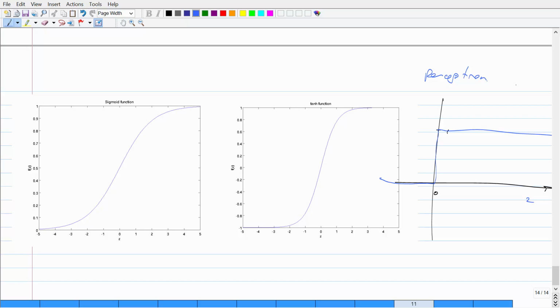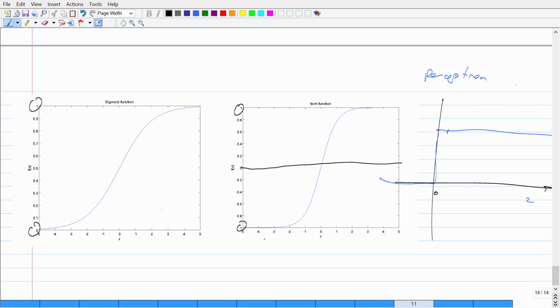If you take a look, the shape of the sigmoid and the hyperbolic tangent are pretty much the same. It's just the dynamic range that is different. For the sigmoid, the range of the vertical axis was between 0 and 1. But the hyperbolic tangent is basically a scaled version of the sigmoid, and you can see that the range is between -1 and 1 instead. The shape is pretty much the same. It just depends on what problem you're considering and what data you're using. You can use either the sigmoid, the tanh, or the perceptron.